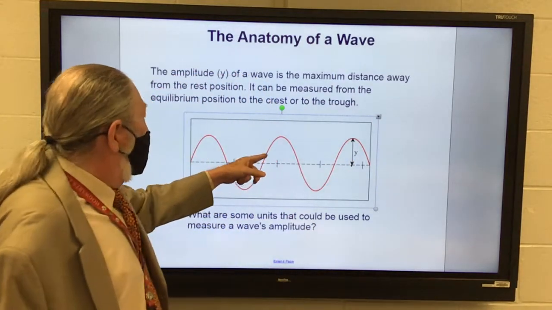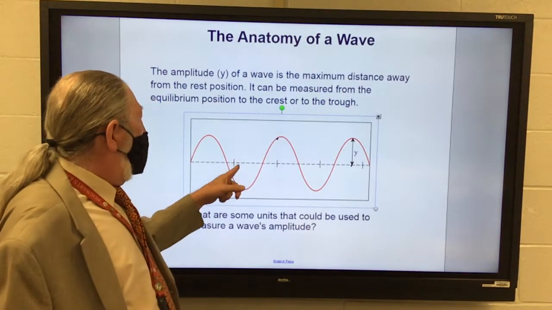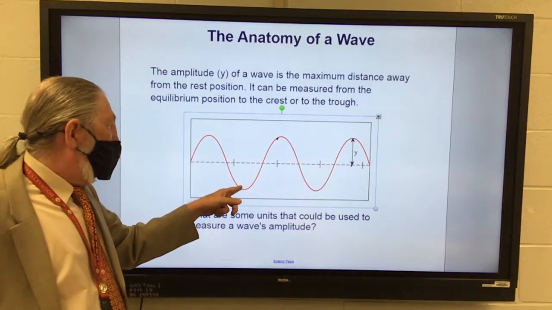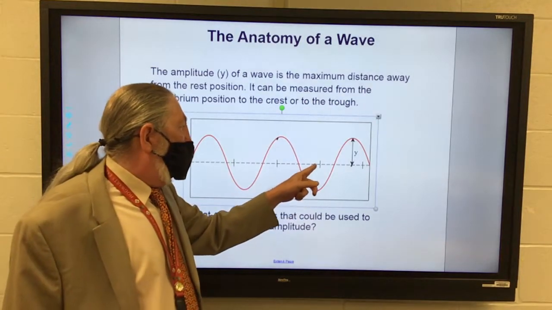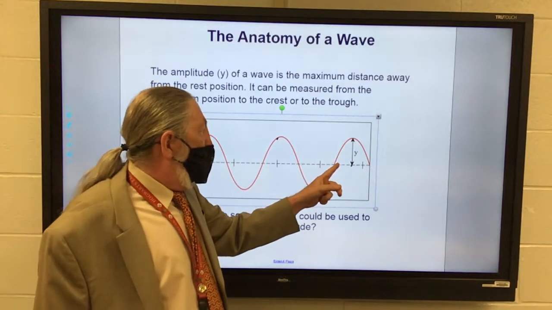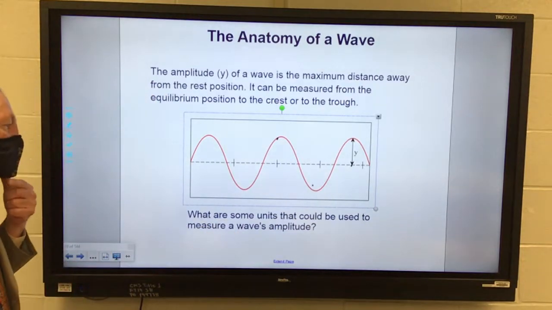Okay? Here's another amplitude from this point to this point. What about from here to here? What would this be called? From here to here, what do you think that'd be called? The negative something. Well, it'd be the amplitude as well. Okay, so you have an amplitude below and you have an amplitude above, right? Makes sense?